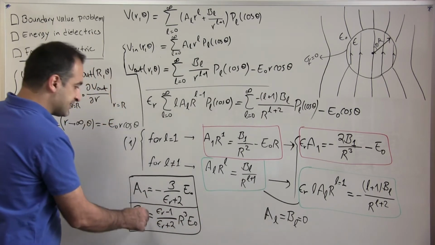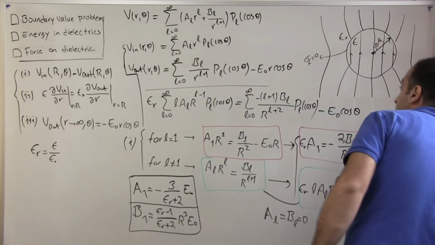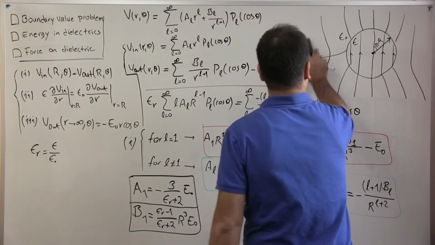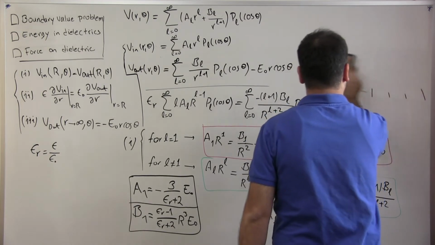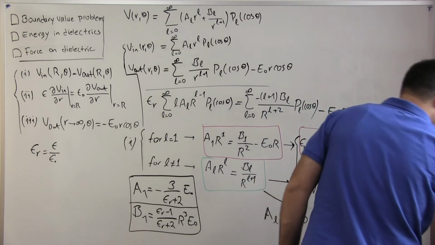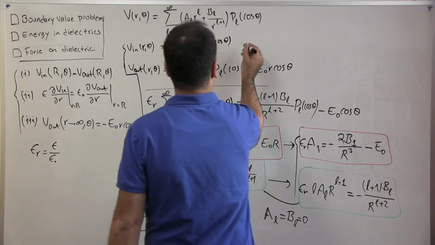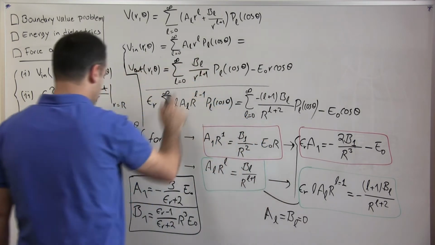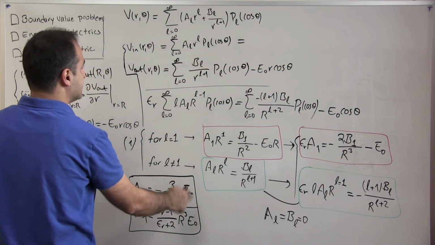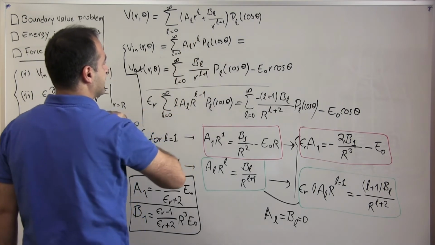If we take these two and sub them back here, I'm going to get rid of this diagram now. With only these two values, V in is going to be equal to A1, which is this, times r to the power of 1 times cosine of theta.